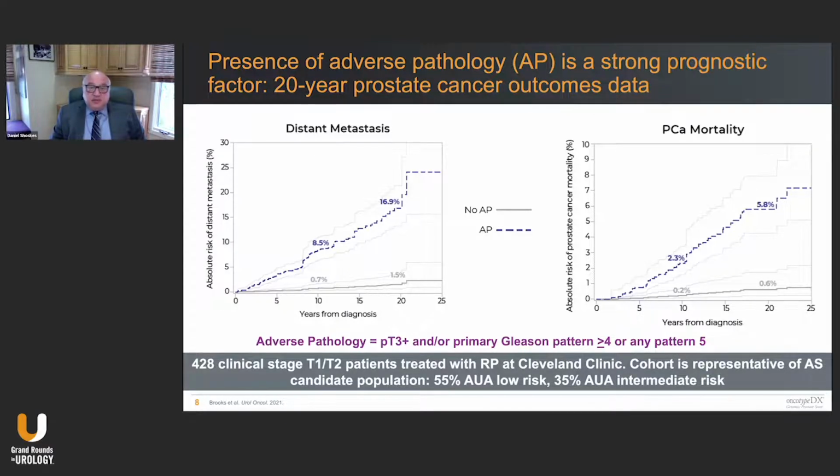Brooks additionally found that adverse pathology, as defined by either PT3 disease or higher and Gleason grade group 3 or higher, was a very strong predictor, even over 20 years, for distant metastasis and prostate cancer mortality. Importantly, this was a cohort that's representative of an active surveillance population.